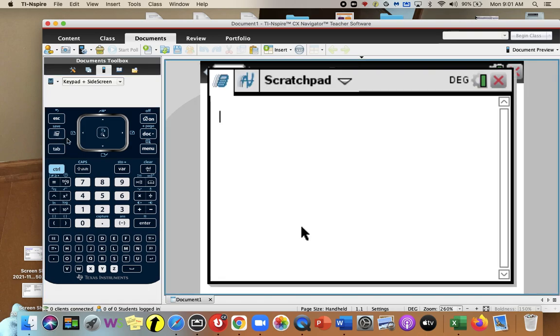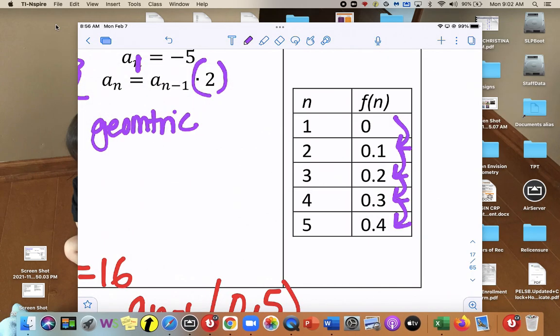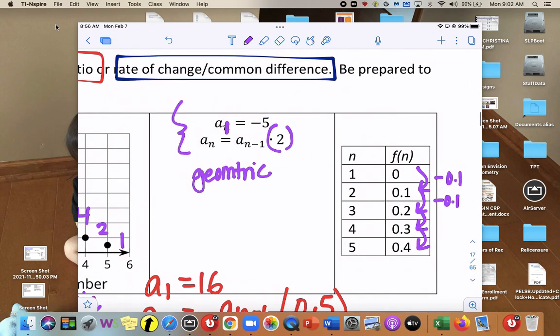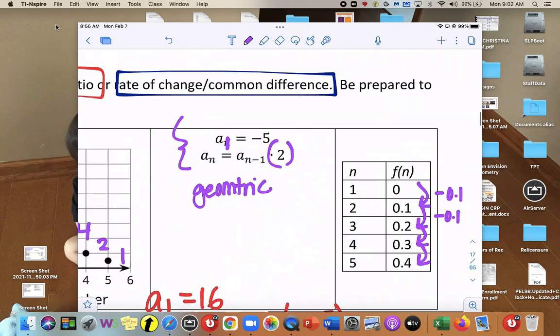And if it's geometric, you would take any term, so I'll try 0.4 divided by the one before it, and we should get the same thing every time. So if I take 0.3 divided by 0.2, I should get the same thing. And you can see it's different, so we know it's not geometric. Instead, we're subtracting 0.1 every time. So this is arithmetic. I was using blue for arithmetic, wasn't I?